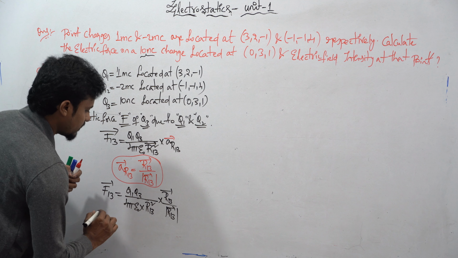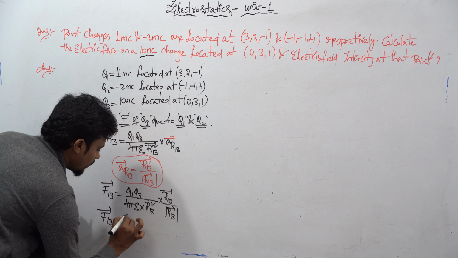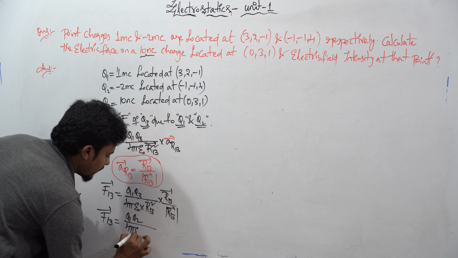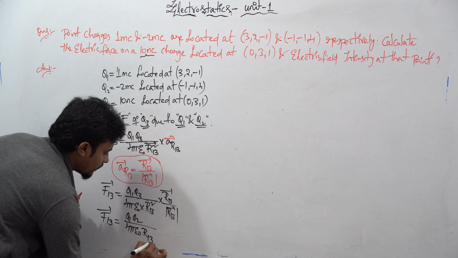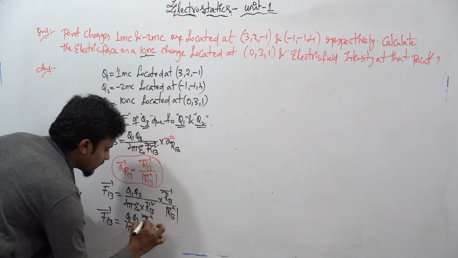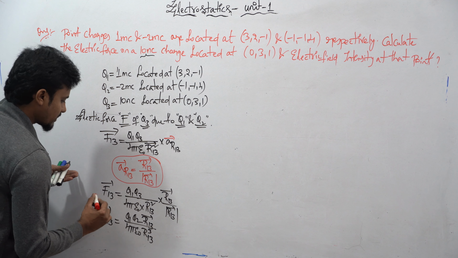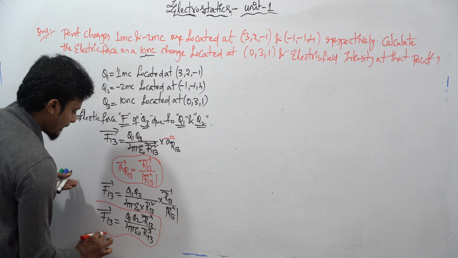So F13 bar is equal to Q1 Q3 divided by 4 pi epsilon naught into R13 cube, times R13 bar. Now just put it in a box; we will use it later.